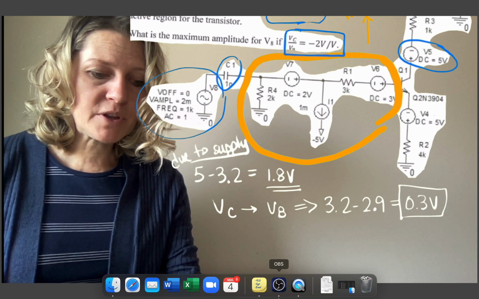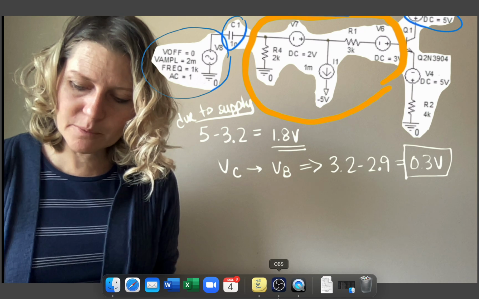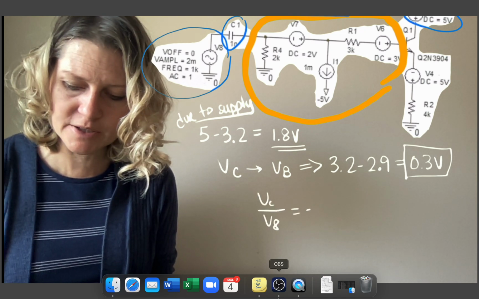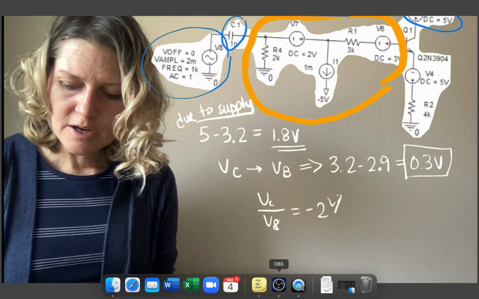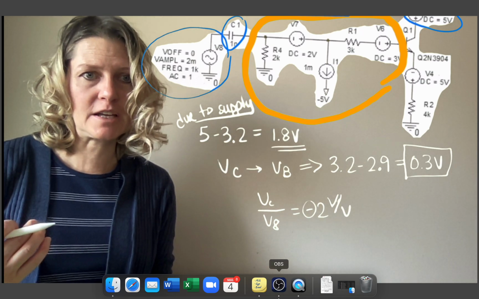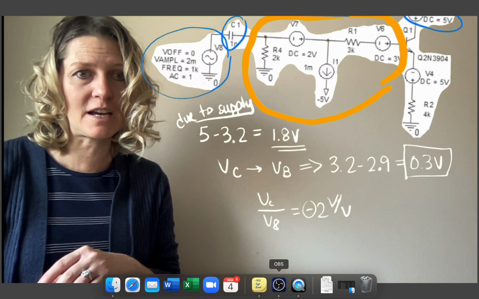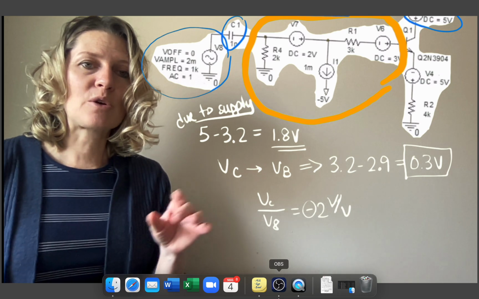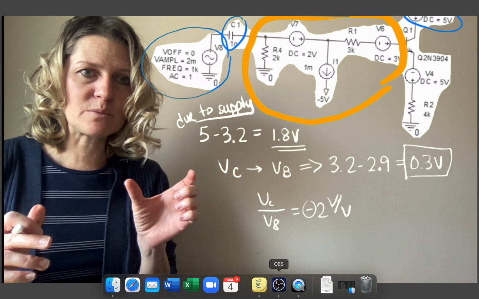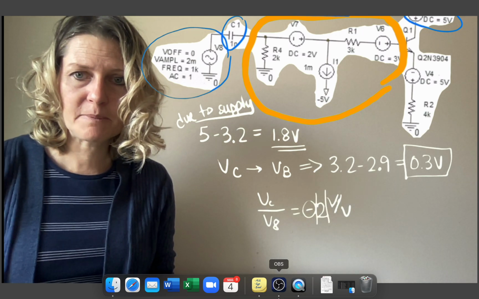So my input then will be limited. We know the gain, VC over VS, is that minus 2 volts per volt. And remember here, the minus sign just means that it's inverting. If it's a positive input, it's going to make it a negative output. So we can ignore the negatives, and we're looking at more the gain portion, which is just the magnitude of 2 here.